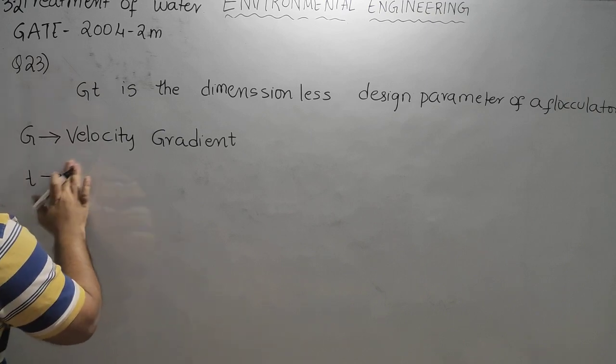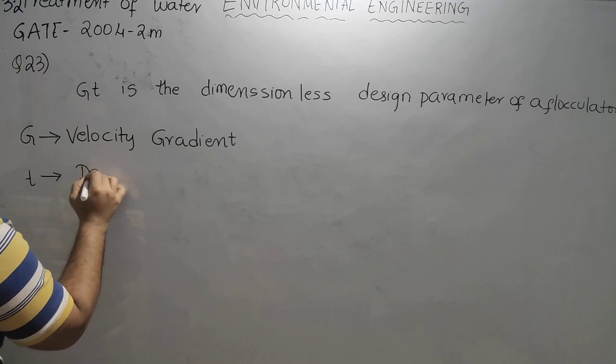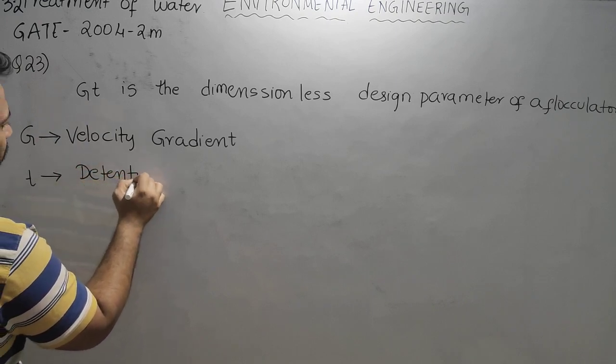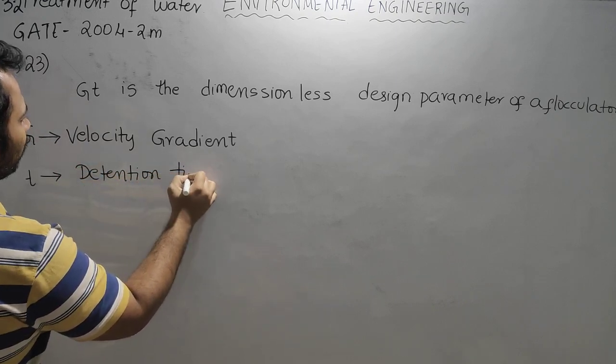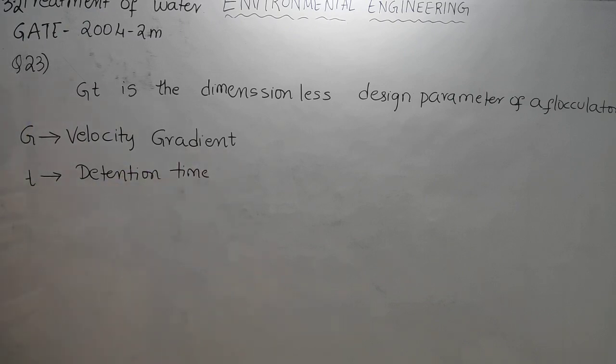Here it was given as detention time. Values of Gt ranging from 10 to the power of 4 to 10 to the power of 5 are commonly used, with t ranging from 10 to 30 minutes. The most preferred combination of G and t is to produce smaller and denser flock.